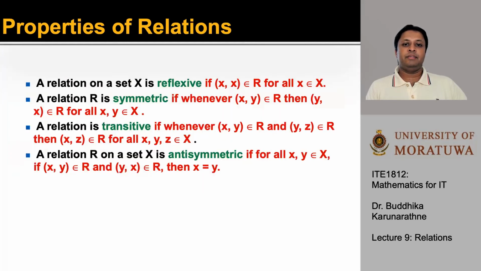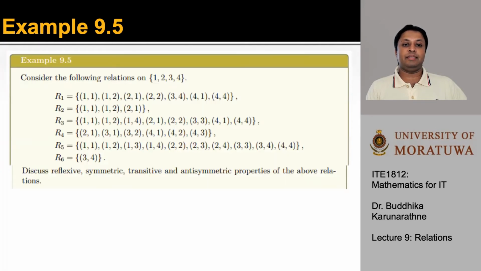If you refer back, it has to have (x, x) in the relationship for all x. Here x is 1, 2, 3, and 4. So R3 has (x, x), that means (1, 1), (2, 2), (3, 3), and (4, 4) for all x. That satisfies the condition for us to call this a reflexive relation.